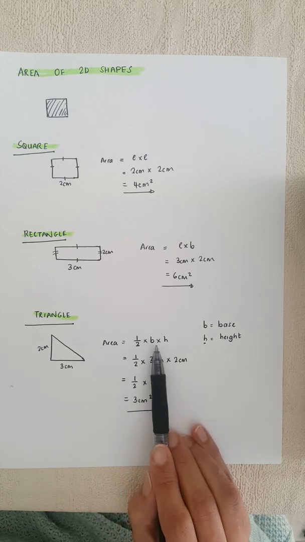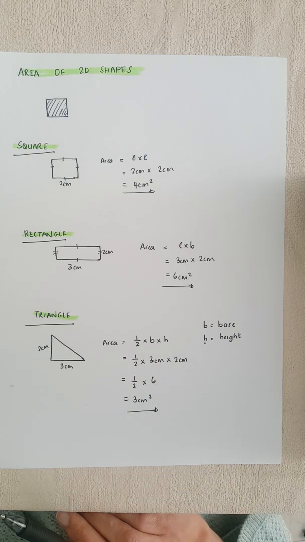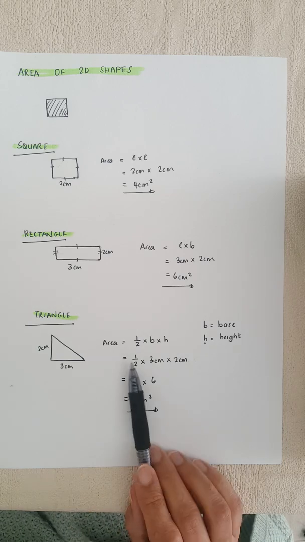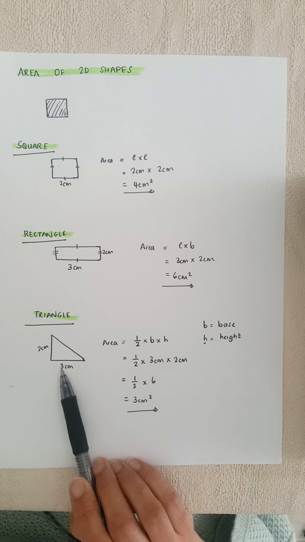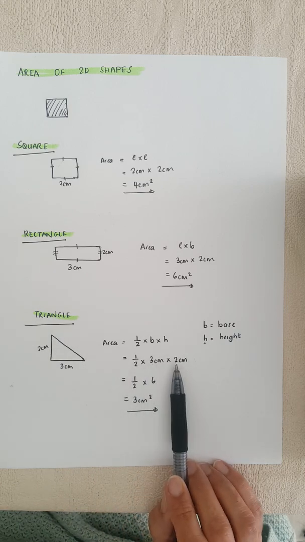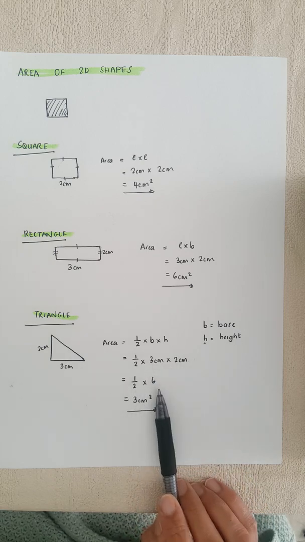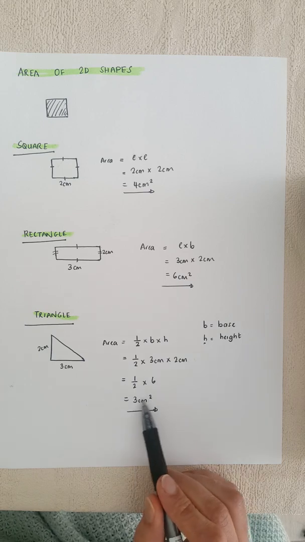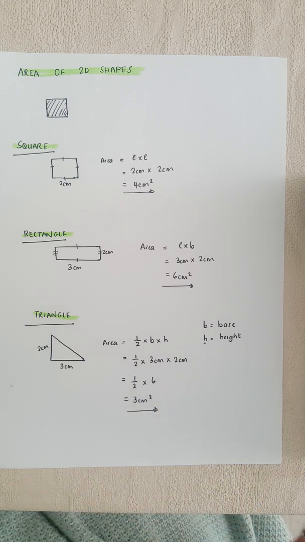So half times base times height, half times 3 times 2, that becomes half multiplied by 6. 3 times 2 is 6, and if I'm multiplying half by 6, I'm going to get 3 centimeters squared. All of them are written in centimeters squared, and you're just multiplying the numbers.